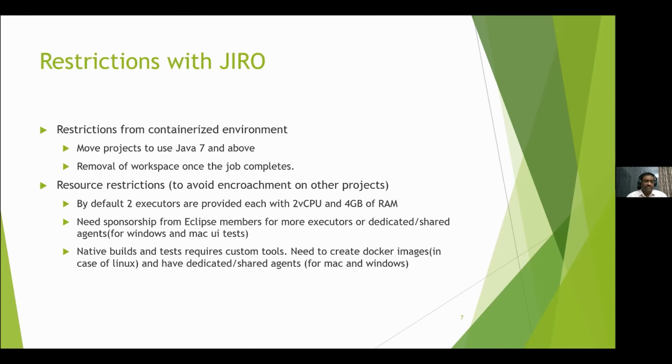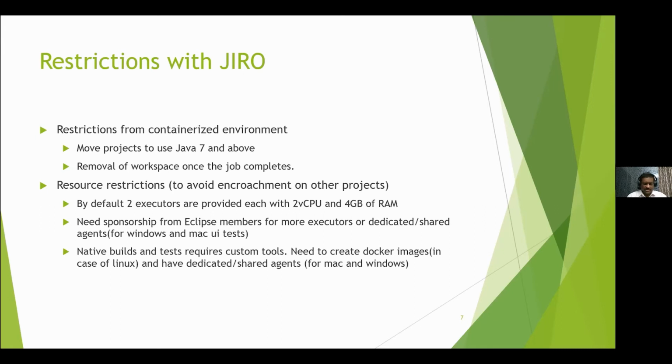If you use pipeline jobs, you can split the resources and run more jobs, but for all practical purposes, it is only 2 jobs you can run simultaneously at any instance. Now, for platform projects, that is not sufficient.